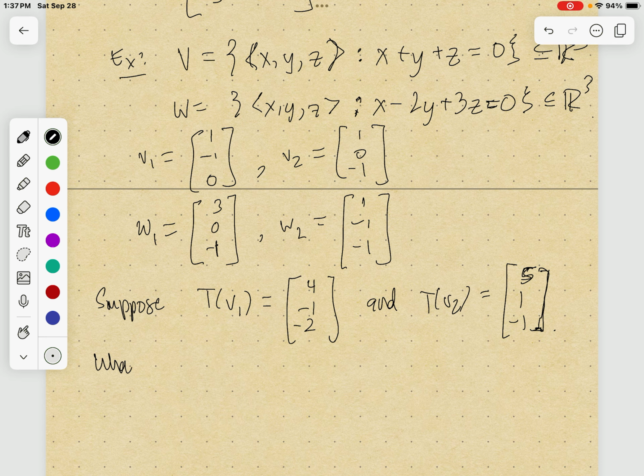What is the matrix of T relative to these bases, V1, V2, and W1, W2?